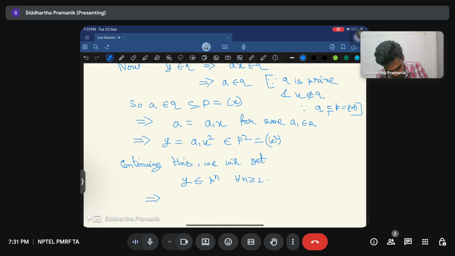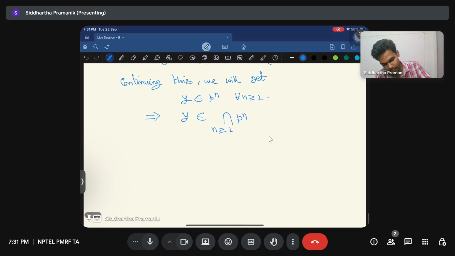And this will imply y belongs to the intersection of P^n where n is greater than or equal to 1. So this will imply y belongs to the intersection of the powers of the maximal ideal m^n, n greater than or equal to 1, because P is a subset of m.